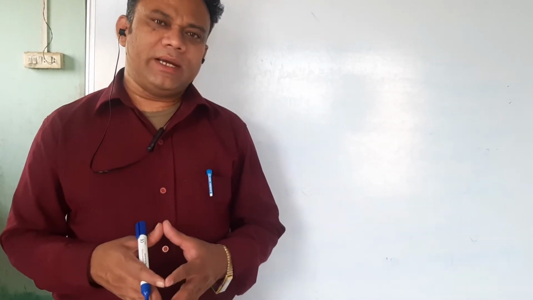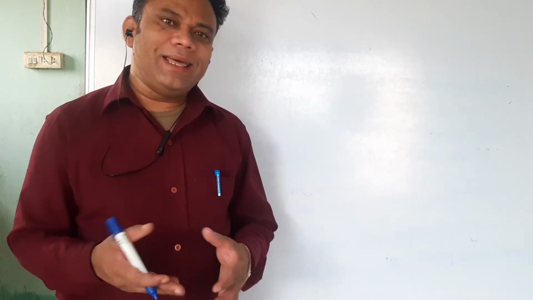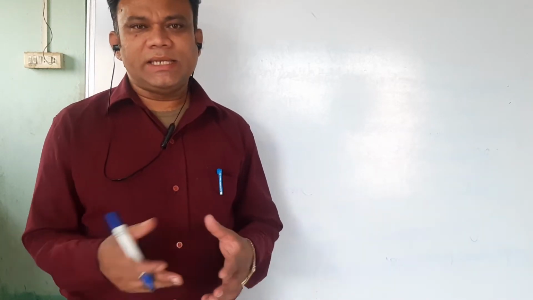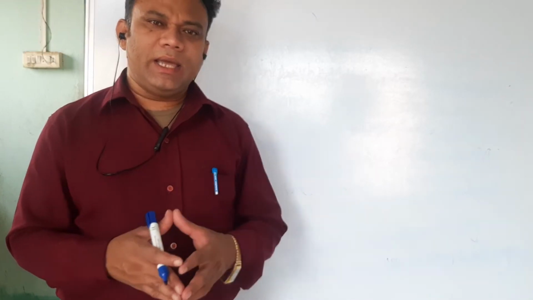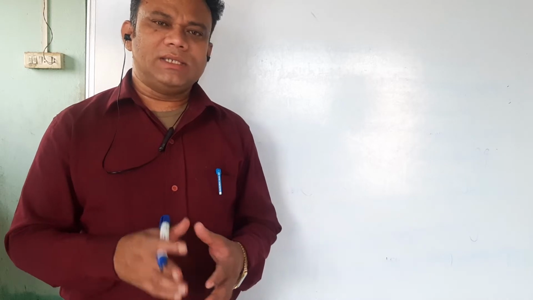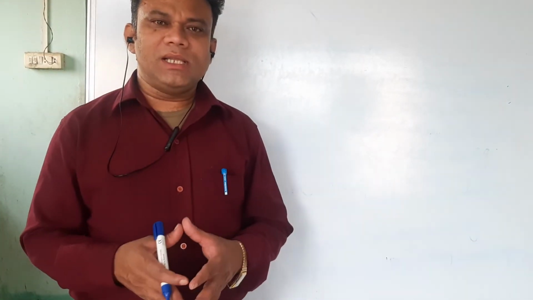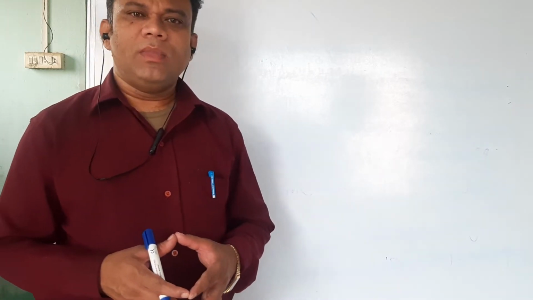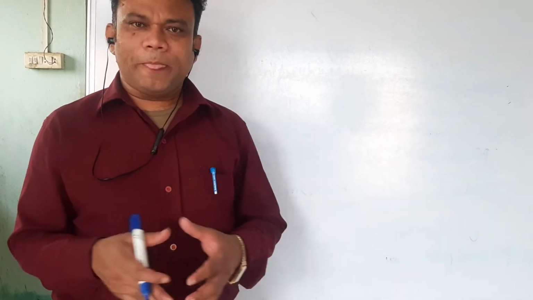But remember that if not is there along with any other helping verb, for example, if will is there, was is there, were is there, then in that case we have to cancel just not. In that case we don't have to cancel the helping verb. We have to cancel the helping verb only when not is given along with do, does or did.